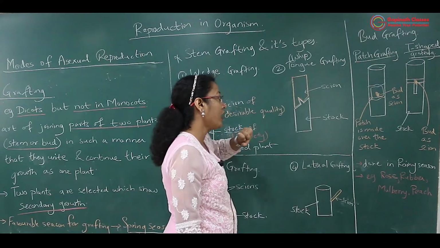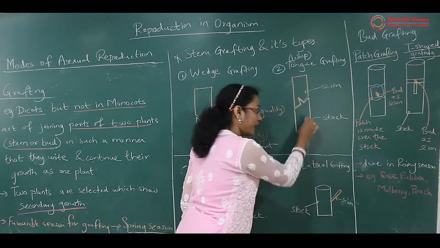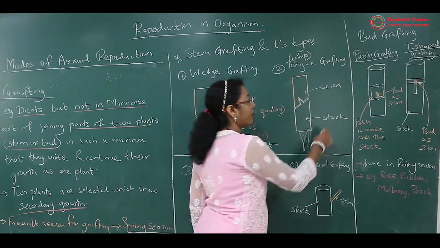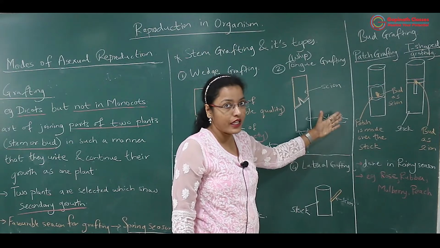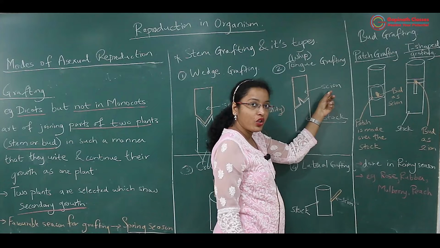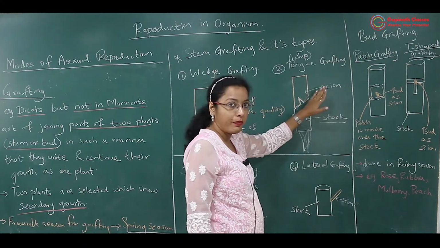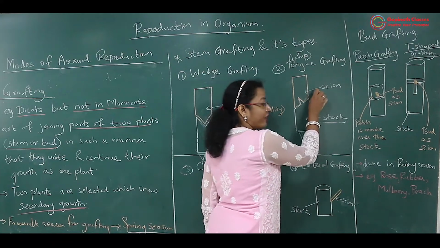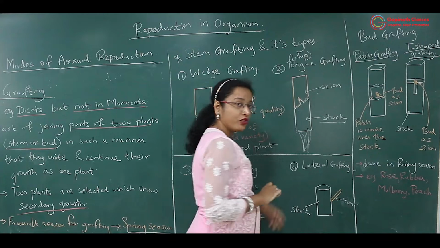Okay. Then tongue grafting. In the next diagram, again a rooted plant stem is there, and what is the rooted plant stem known as? Stalk, which is not having the desirable quality. And here the scion is of another plant, the stem of another plant, and this scion is having the desirable quality, but the cut which is made is different.